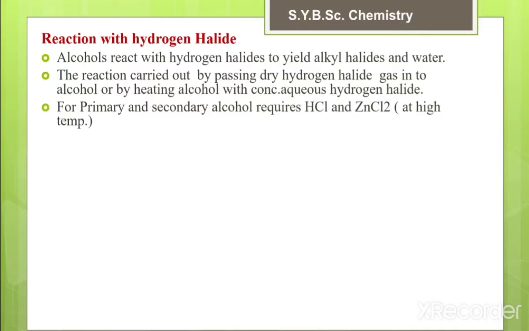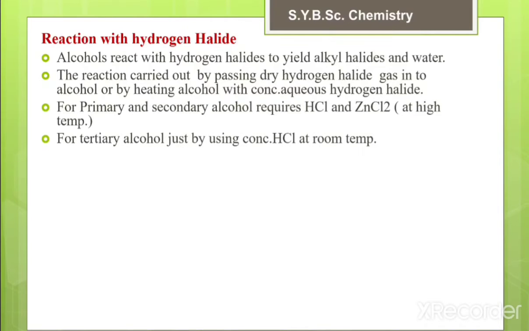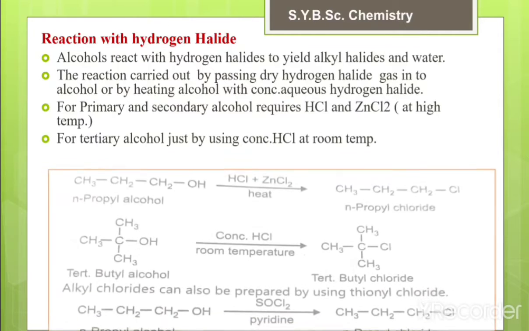The less reactive, that is primary and secondary alcohols, require HCl and ZnCl2 at high temperature, and tertiary alcohol is converted to the chloride by simply shaking with concentrated HCl at room temperature. Finally, we will get the product.